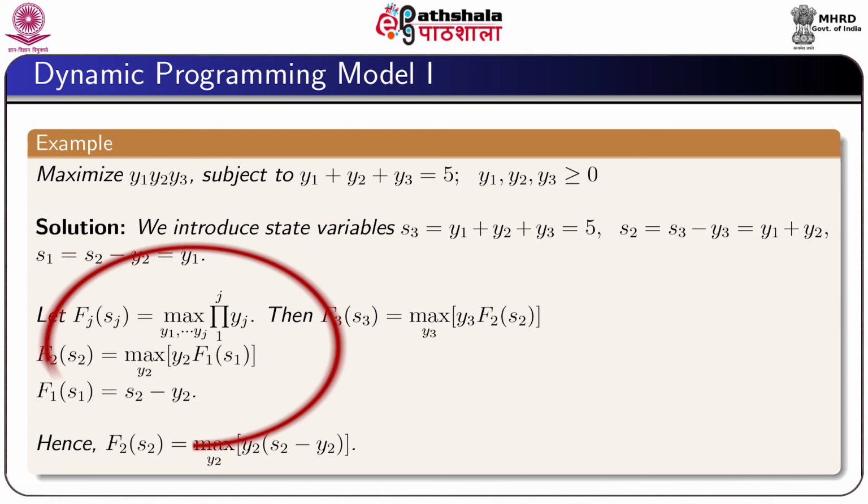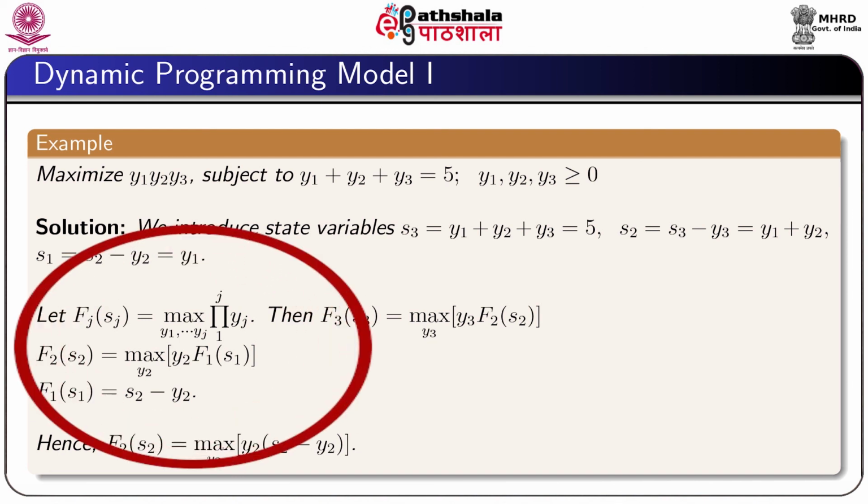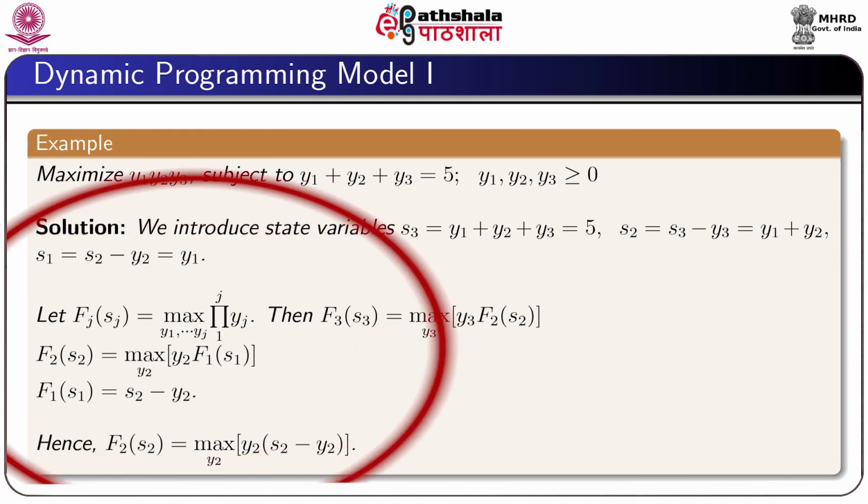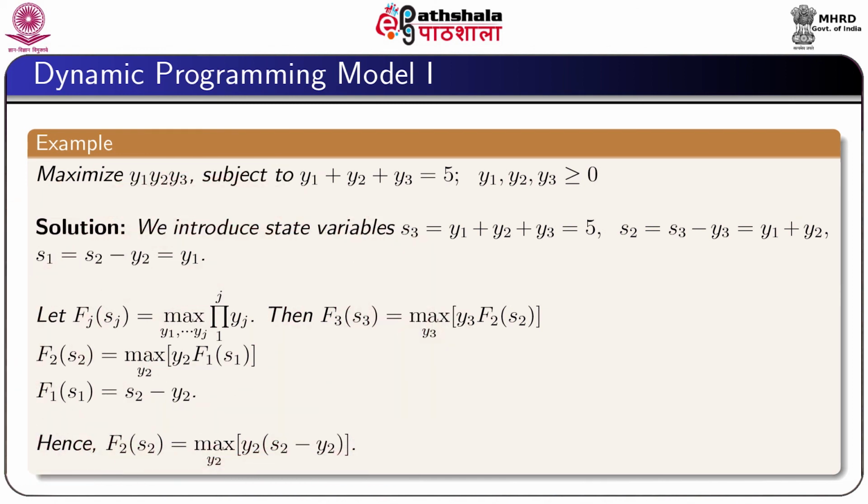Let capital Fj(sj) equal to maximum of the product y1, y2 up to yj, then F3(s3) equal to maximum of y3 into capital F2(s2), where maximum is taken over y3.